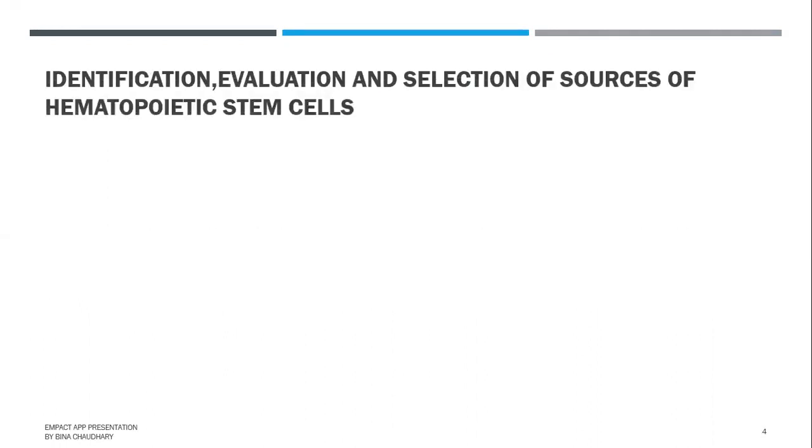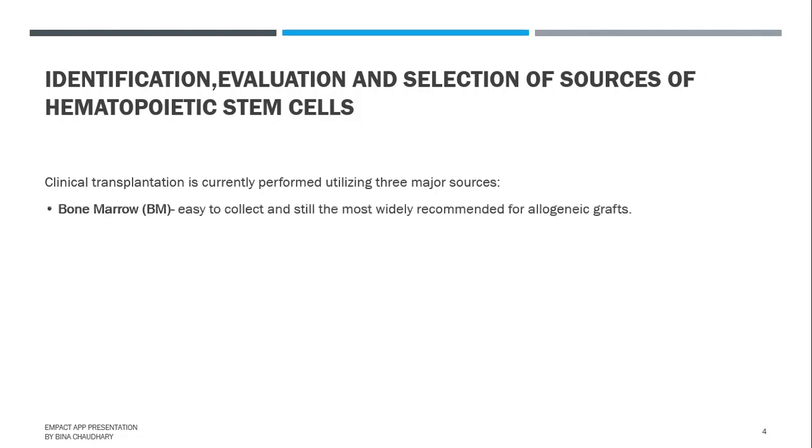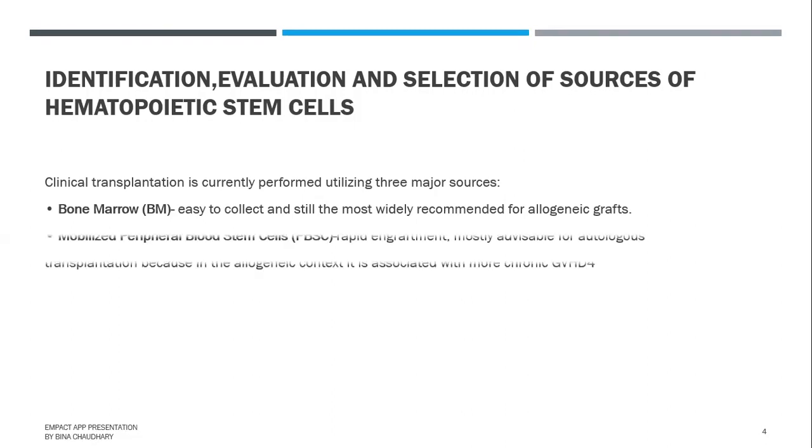Another topic is identification, evaluation, and selection of source of hematopoietic stem cells. Clinically, transplantation is currently performed utilizing three major sources, which I have just mentioned. One is bone marrow, which is easy to collect and is still the most widely recommended for the allogeneic graft.